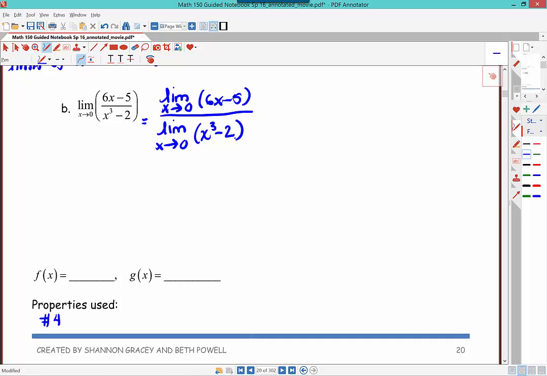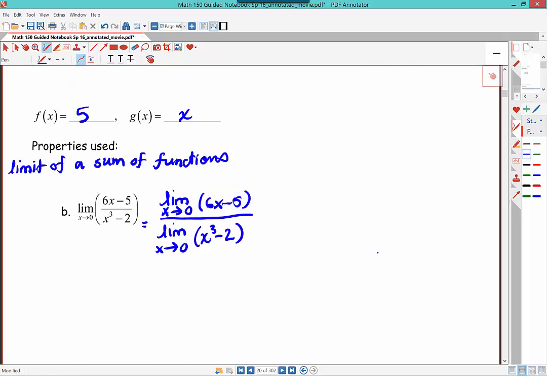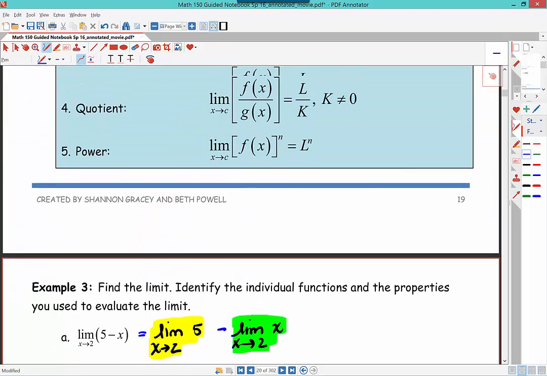Now, again, we've got a couple of differences, but we're not going to break it down. This time we're going to use direct substitution. If a person were to break this one down, we would be using scalar multiple with the 6 times x, difference of functions with each of those expressions, and then a function raised to a power.